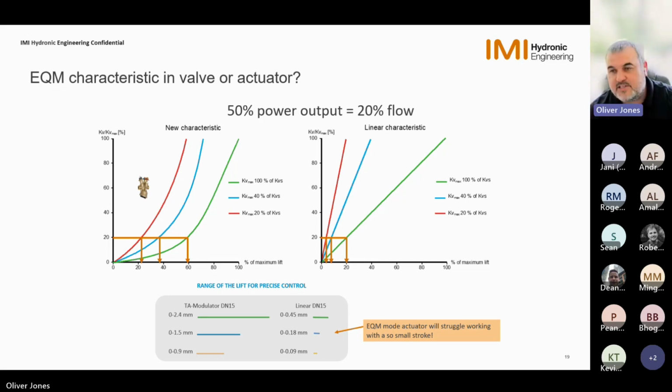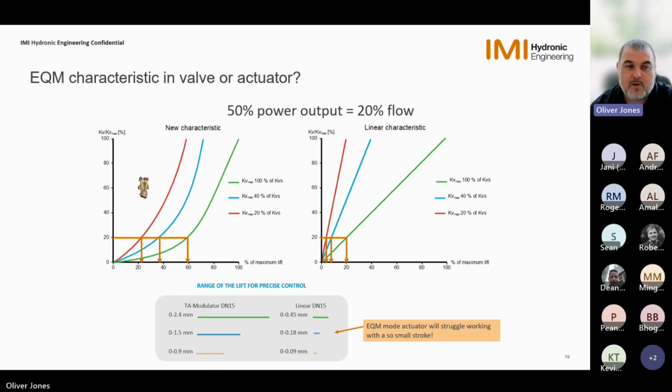So we still have between 0 and 1.5 millimeters of stroke available to control these lower flows past 20%, to still control that 50% to 0% power output of the coil. Whereas if we look at that versus a linear valve, we still only have 0.18 millimeters of stroke available, which is very tiny. We reduce that even more. So we take now our maximum flow rate to 20% of the maximum flow rate permissible through the valve.